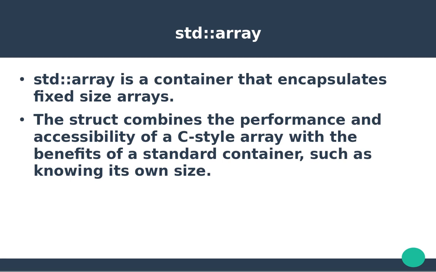Now let's talk about std::array. std::array in C++ is a container that encapsulates a fixed size array. The struct combines the performance and accessibility of a C-style array with the benefits of a standard container, such as knowing its own size.